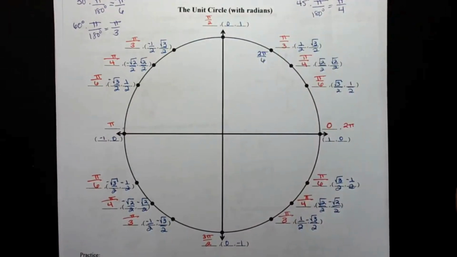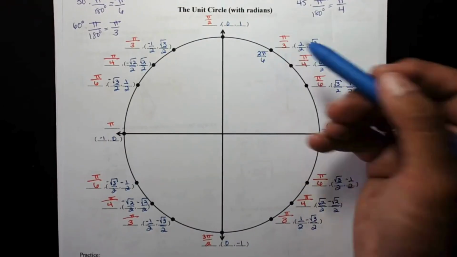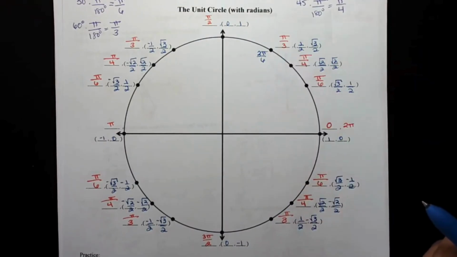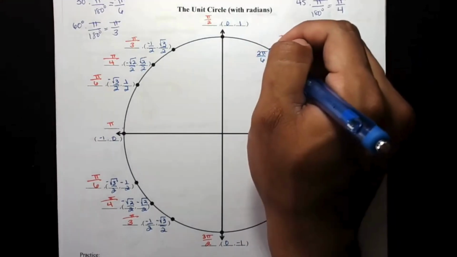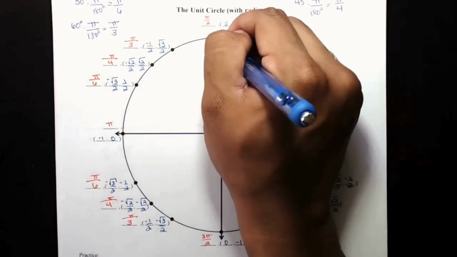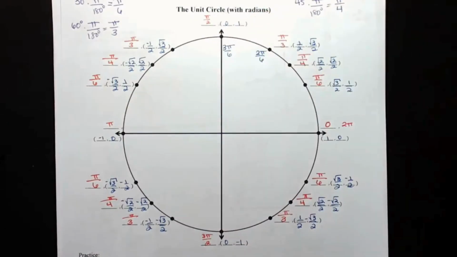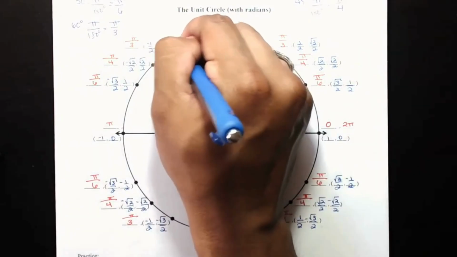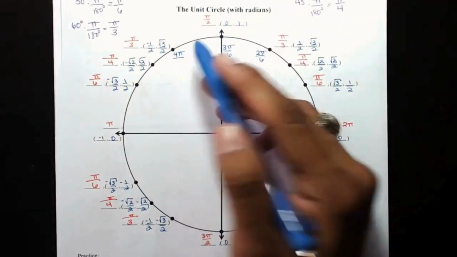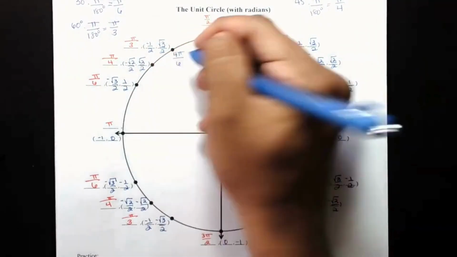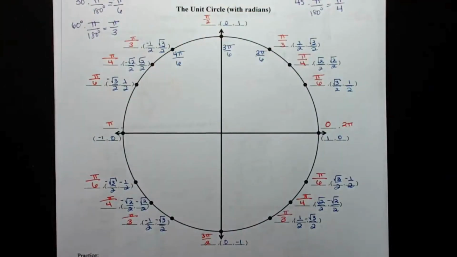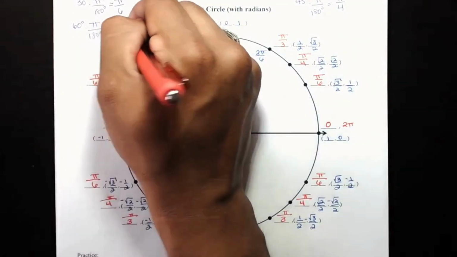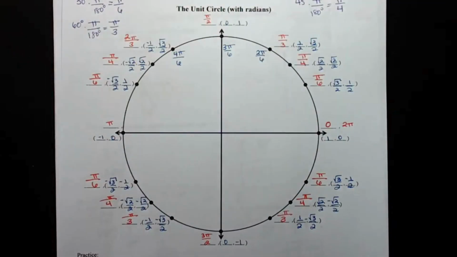But again, like every fraction we reduce it, it is pi over 3. Where's my next 30-degree angle? Well, from 60 would be 90. So this angle here would be 3 pi over 6, which reduces to pi over 2. This next 30-degree angle, because from 90 to 120 is 30 degrees, is 4 pi over 6, which reduces to 2 pi over 3, which is going to be that angle there.